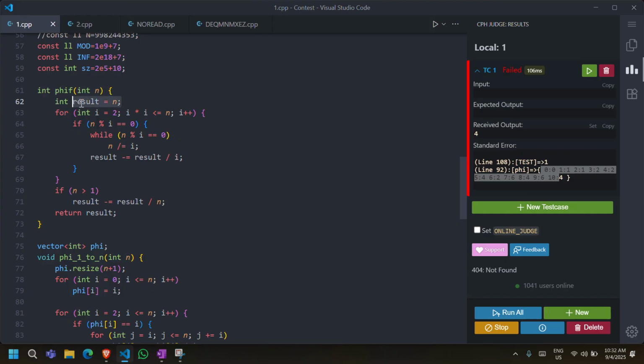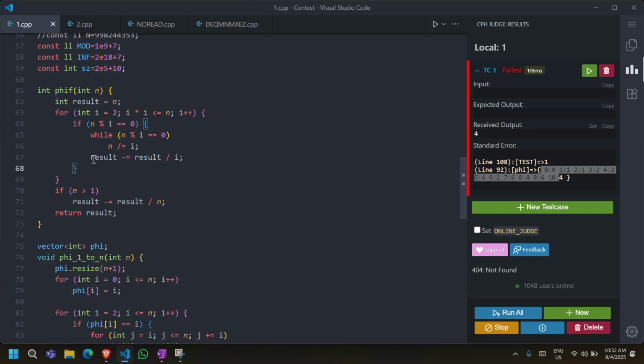You initialize the result with n and you go from 2 to root n, and if there is a number which divides n, then you will divide it until it is no longer divisible. It is the basic prime factorization, which runs in root n complexity.